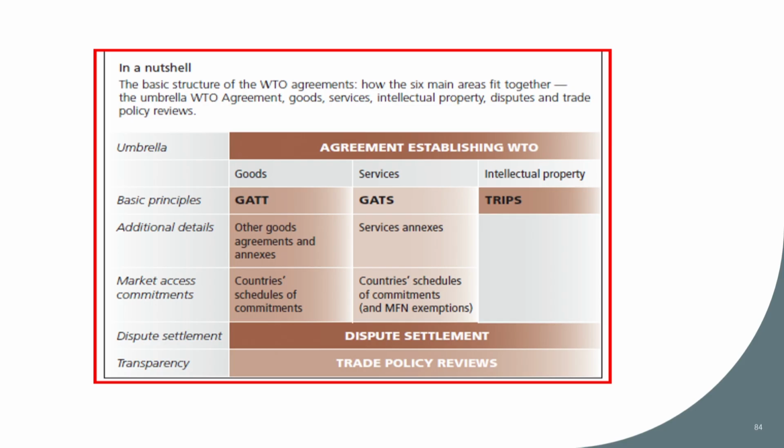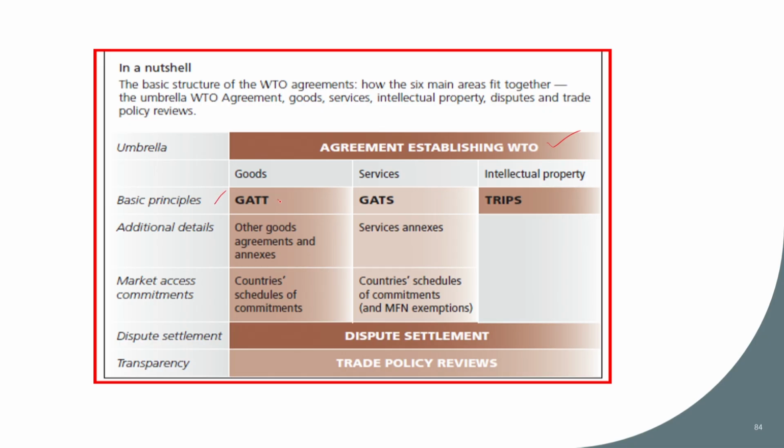The basic structure of WTO agreements: all these six main areas come under the umbrella framework. The broader umbrella is the agreement establishing the WTO. Then come the basic principles.